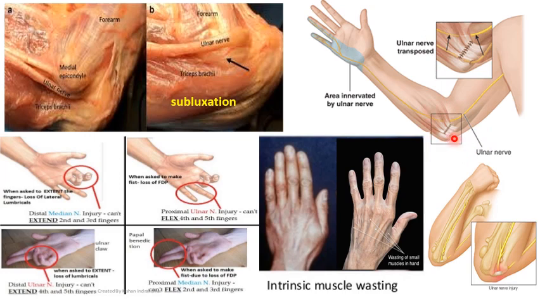So the ulnar nerve is transpositioned from its original course, which is behind the medial epicondyle. This can also be done for ulnar nerve compression in the cubital tunnel behind the medial epicondyle. So this is how the ulnar nerve is transpositioned anteriorly and kept in position.